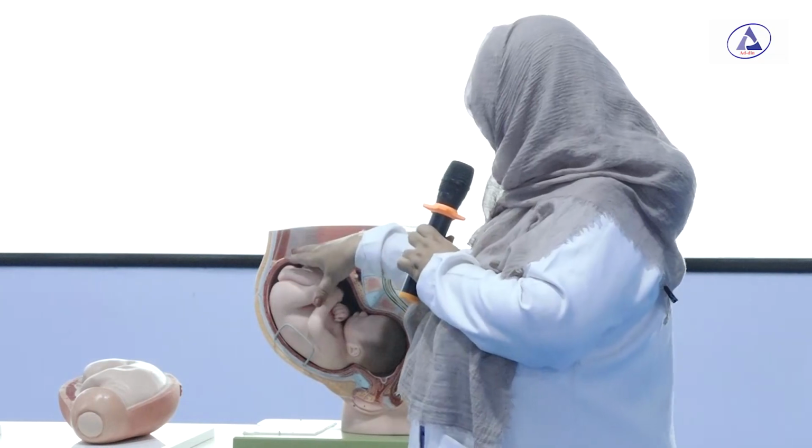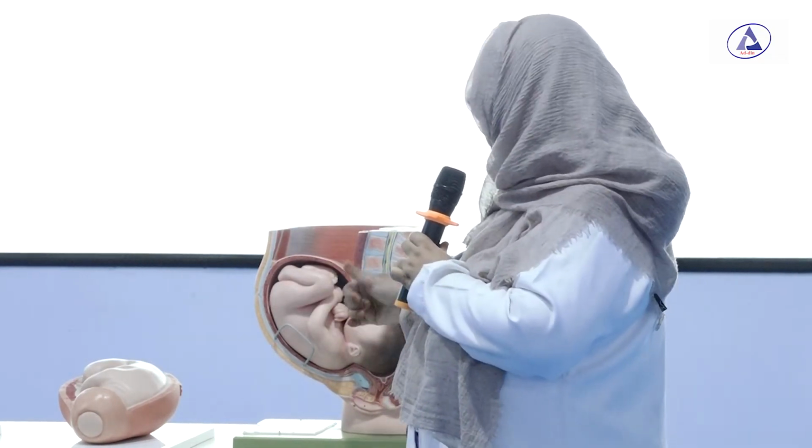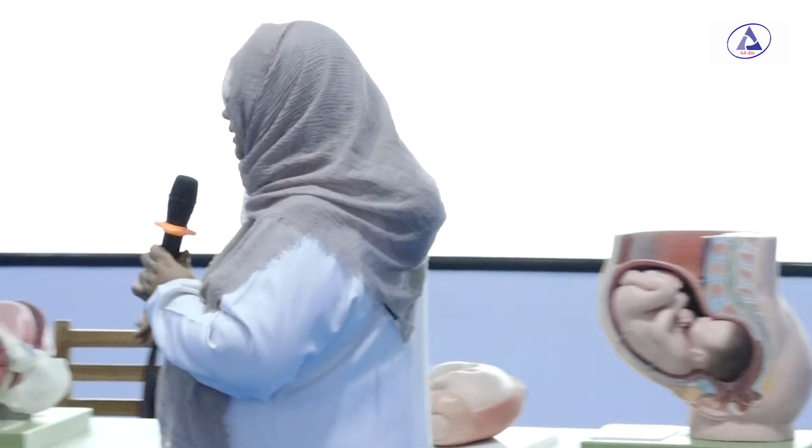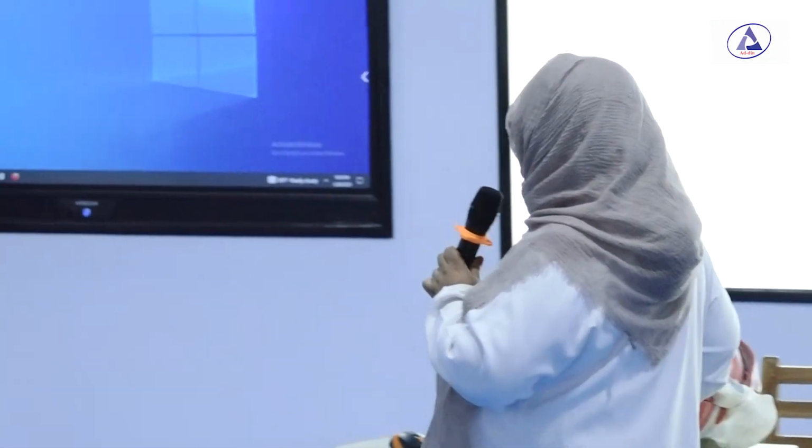So there are some changes in the uterus, some changes in the fetus, some changes in the placenta, and some changes in the cervix. Actually there are three powers. Any work needs power, energy.